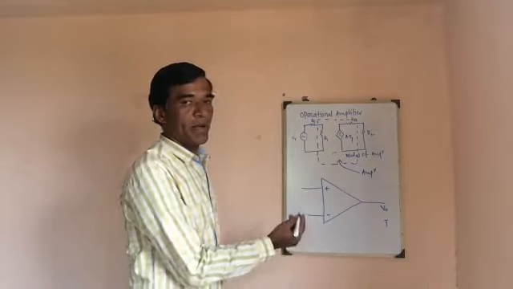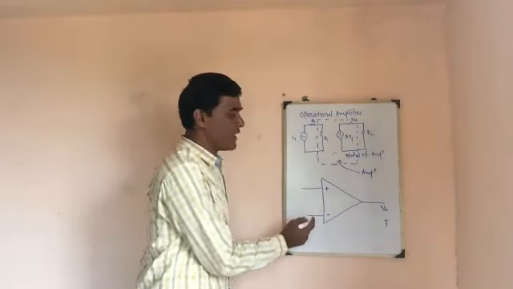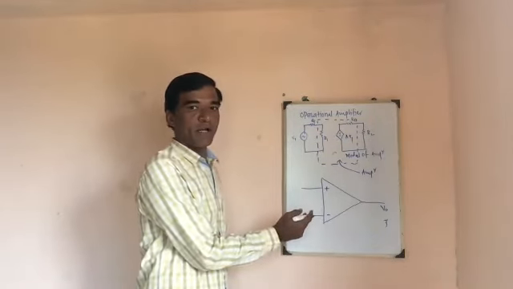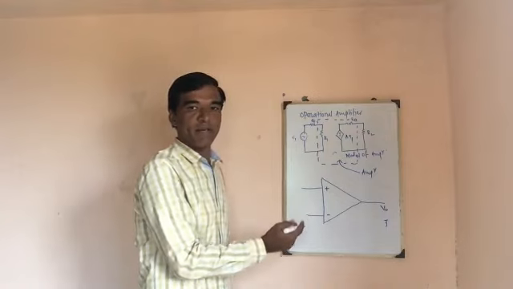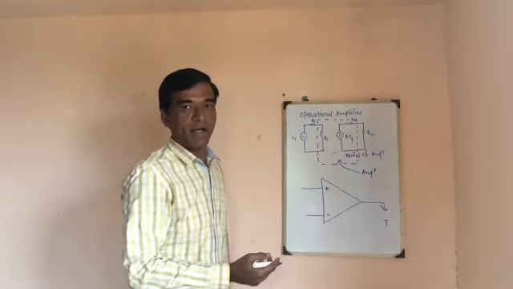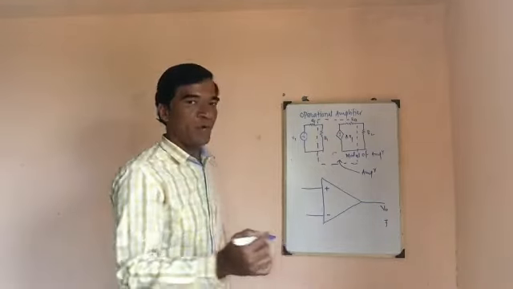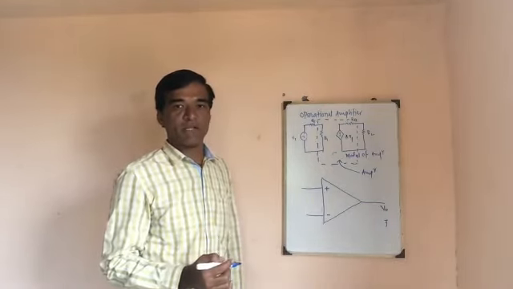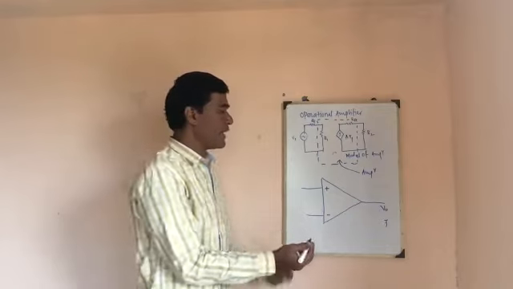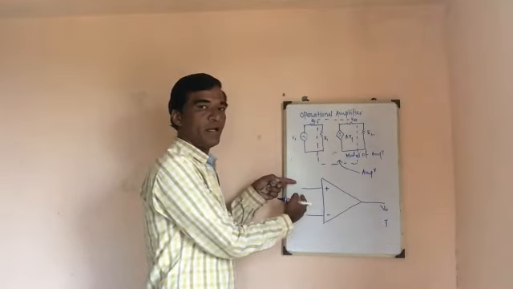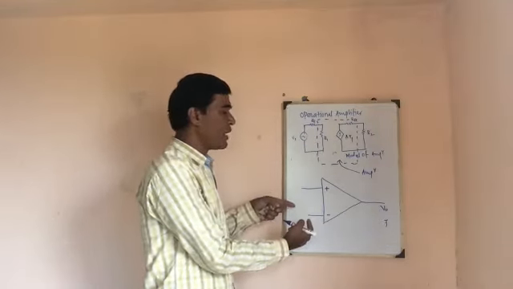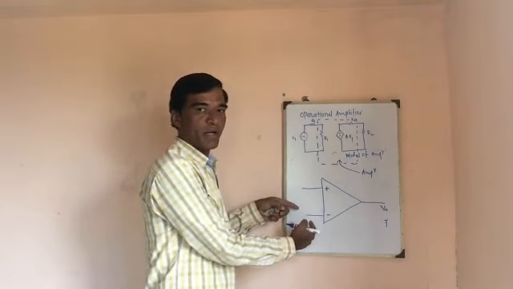I can apply the inputs, that is the inverting and non-inverting input voltages, either simultaneously or separately. That is why we have two modes of input application. One is single-ended, where I apply the input either to the non-inverting terminal or to the inverting terminal.